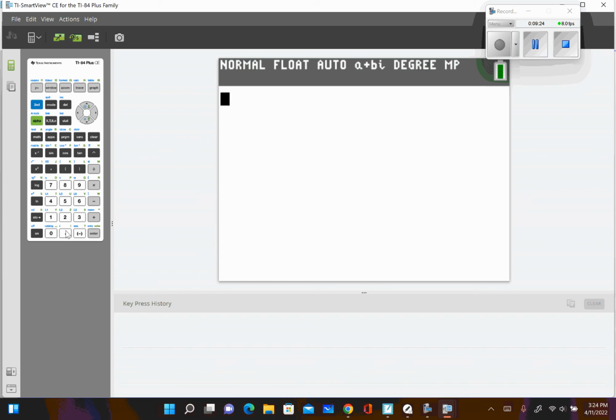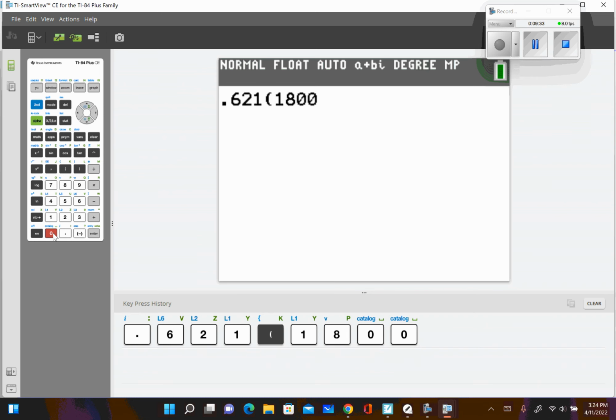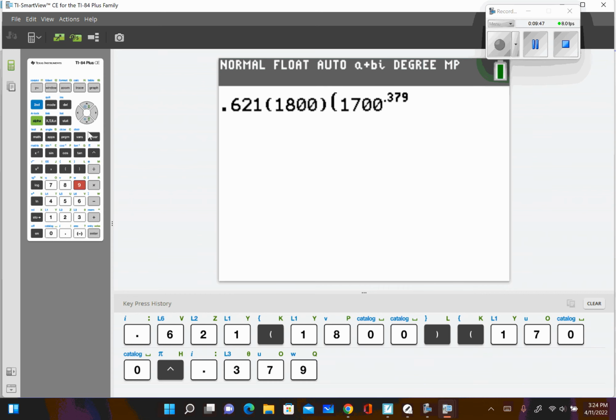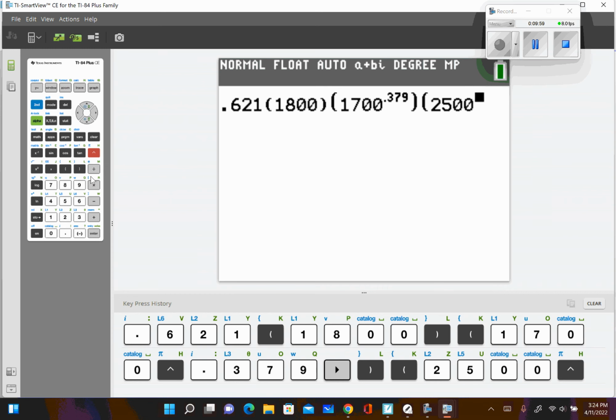So it was 0.621 times 1800 times 1700 raised to the 0.379 times 2500 raised to the negative 0.379.